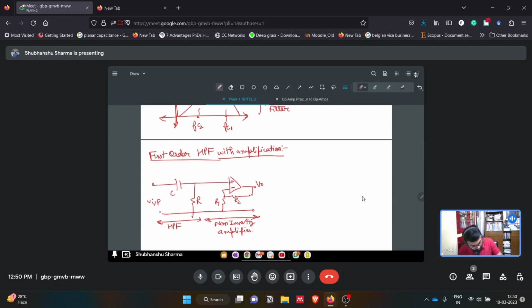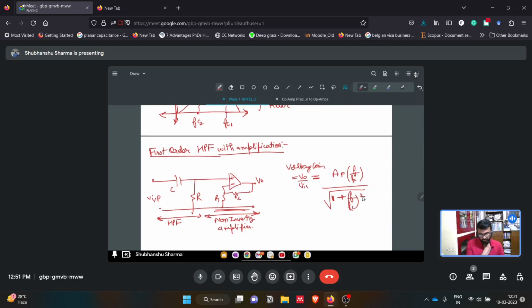The voltage gain of this high pass filter, V naught by V in, is given by AF, the DC gain provided by this circuit, into F by FC, divided by the square root of 1 plus (F by FC) squared.